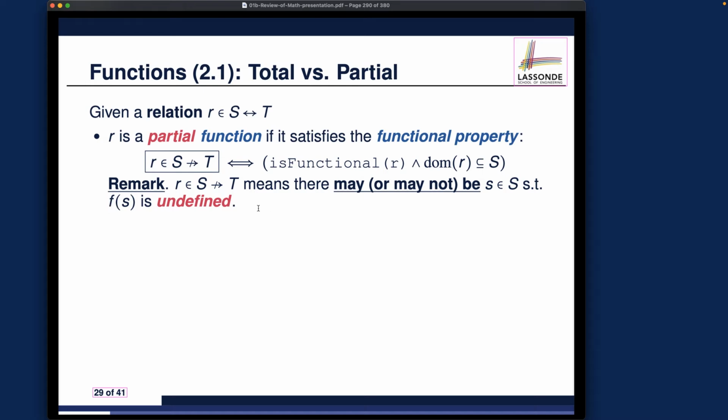In the case of a partial function, we allow the possibility that some value from the first set is simply not in the domain, meaning that it may be undefined. Let's see some examples of what the partial function allows.